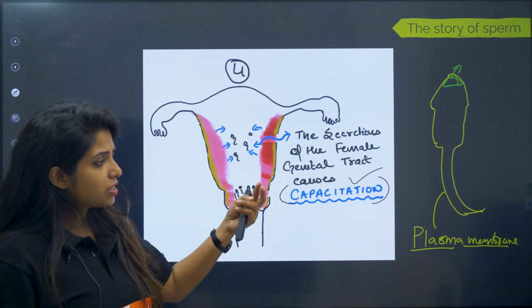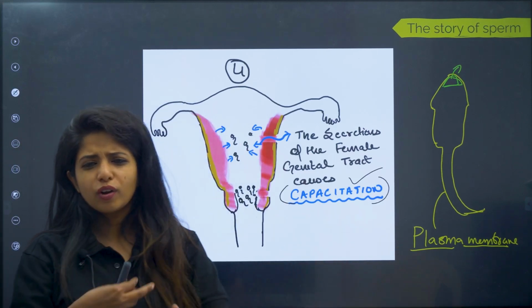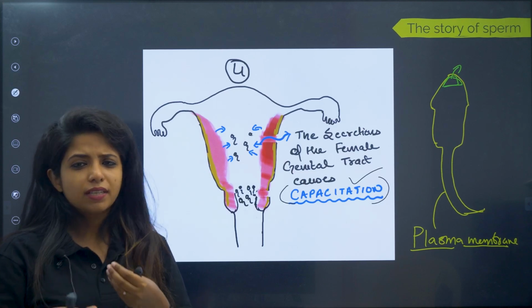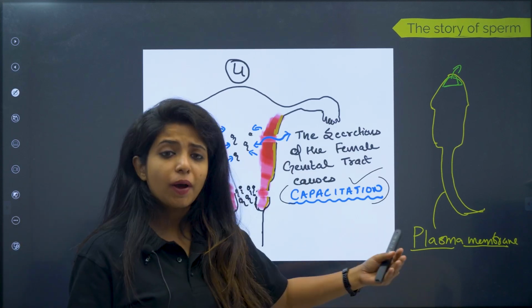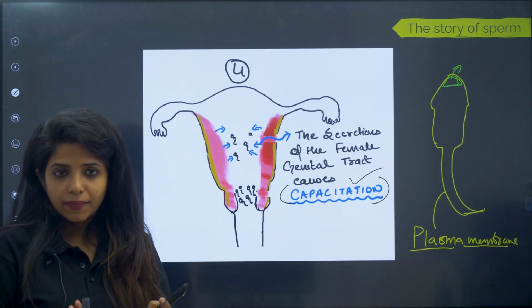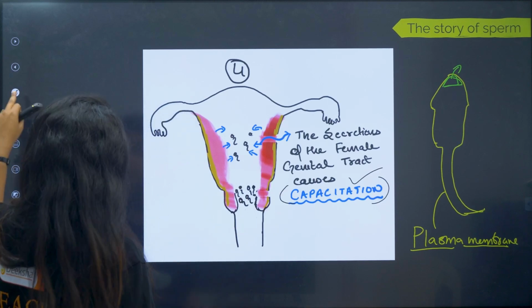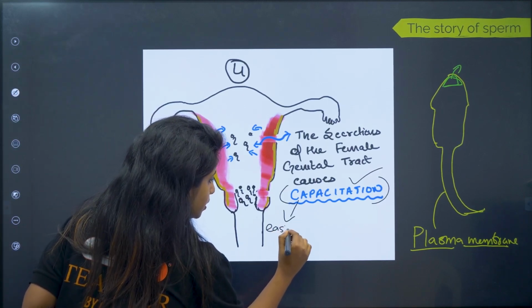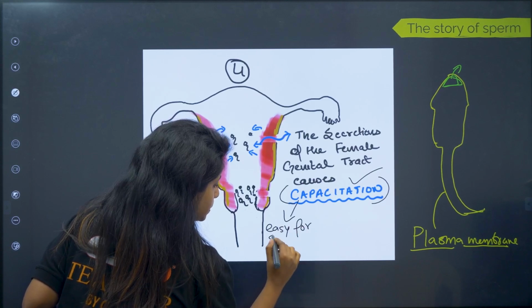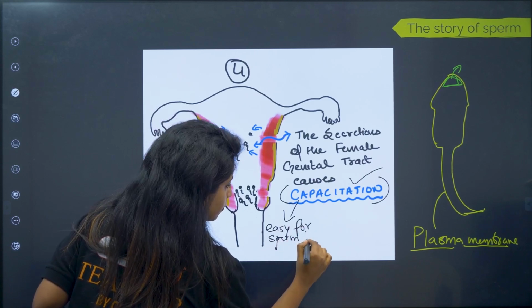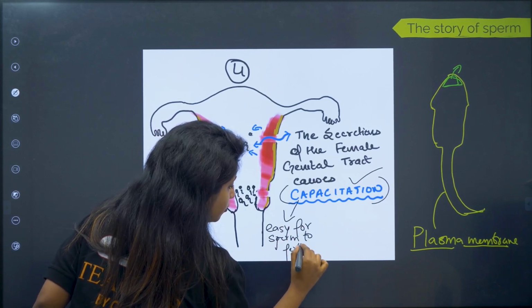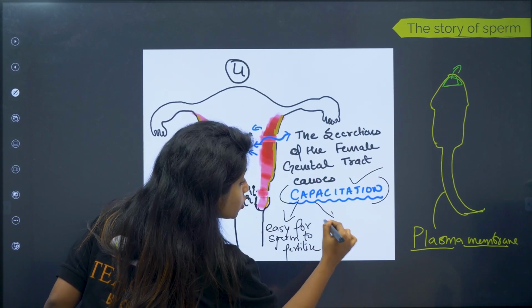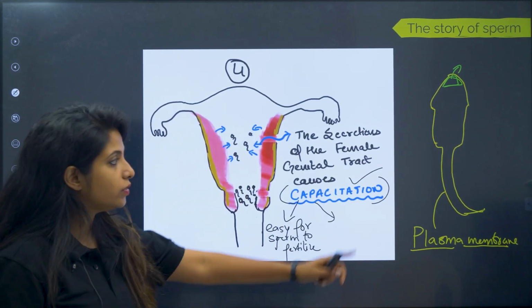Now capacitation, as I said, includes removal of certain proteins and things from the plasma membrane of the sperm. Apart from that, there could be other changes as well. Once capacitation is done, it becomes easy for the sperm to fertilize, and apart from that, it also increases the motility of the tail.